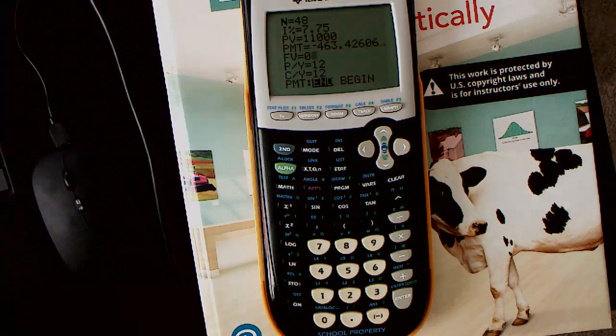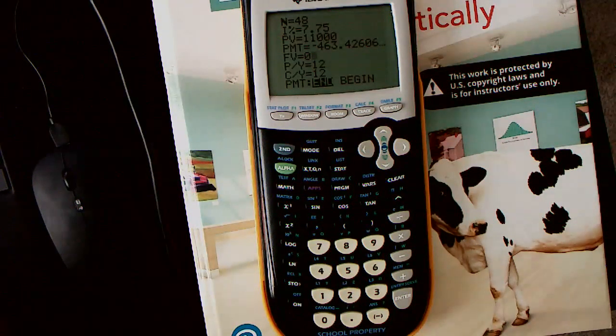Okay, perfect. So for the installment loan, the PV, present value right here, is your loan amount. In this case, it is 11,000, and the future value FV is 0 because you want to pay off your loan, owe nothing in 4 years.